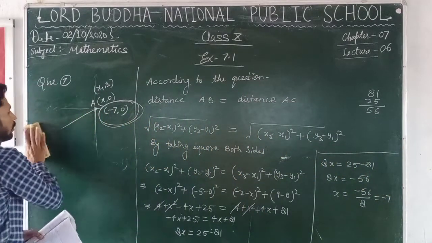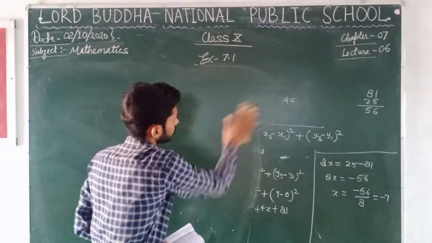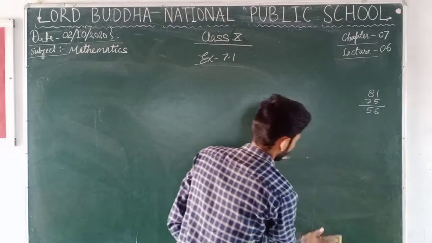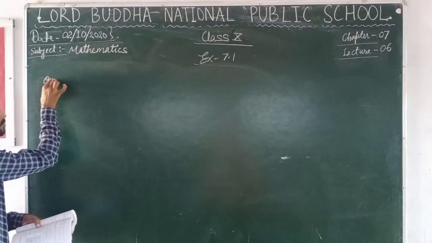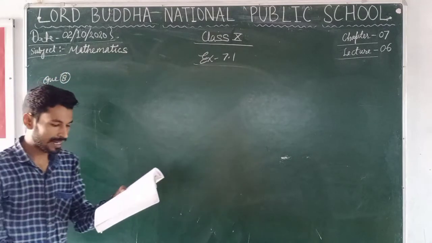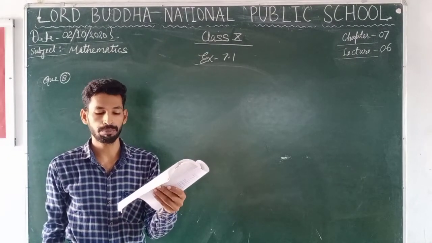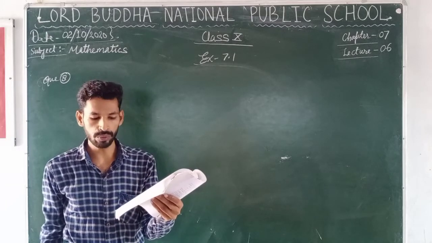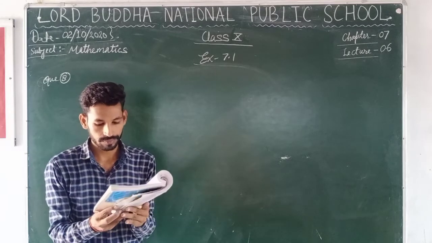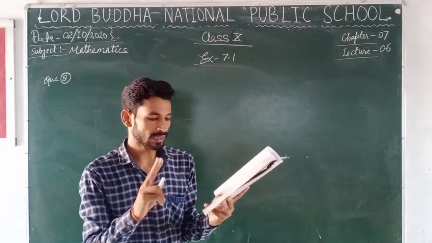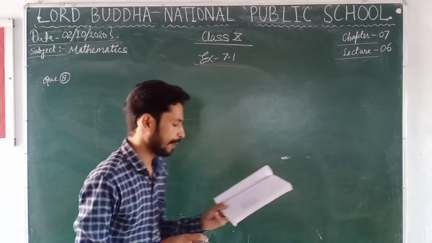For the next question, question number 8 is: find the values of y for which the distance between the points P (2, -3) and Q (10, y) is 10 units. It is given that the distance between the two points is 10 units, and we have to find the value of y.